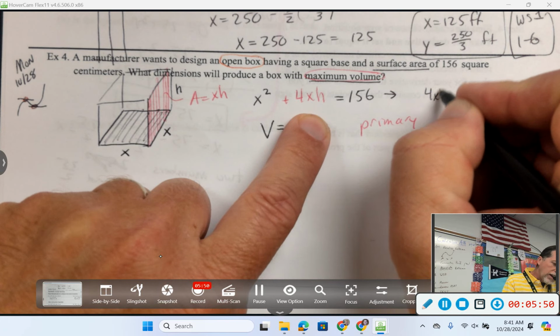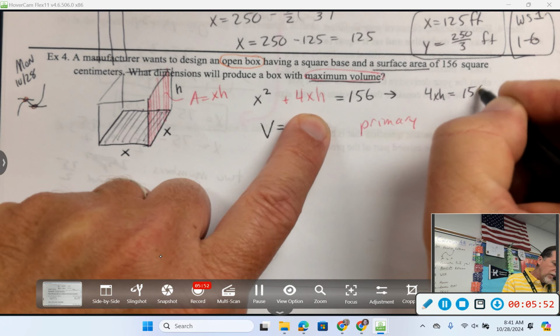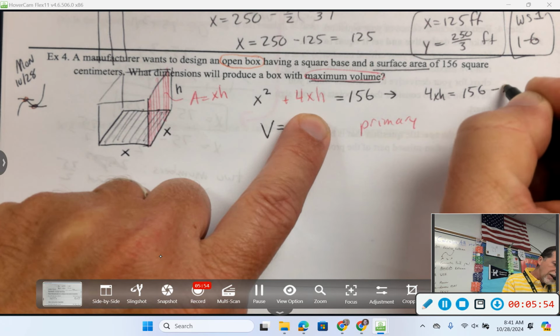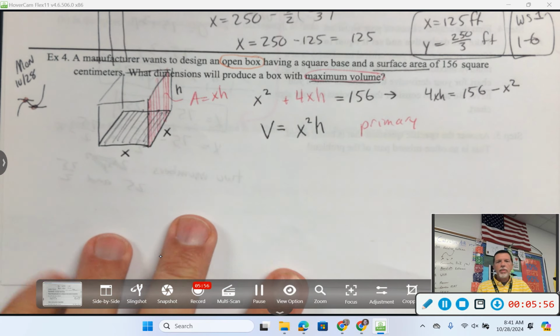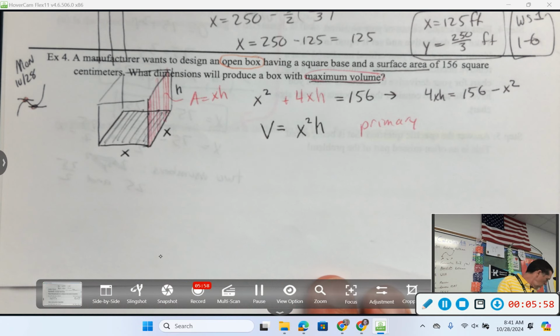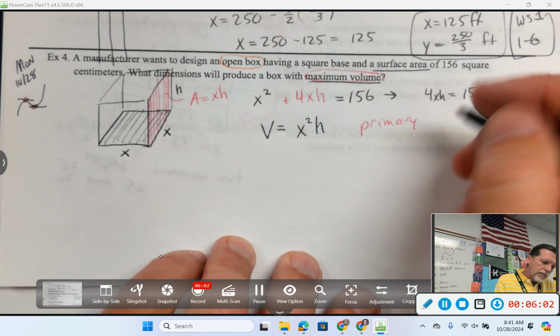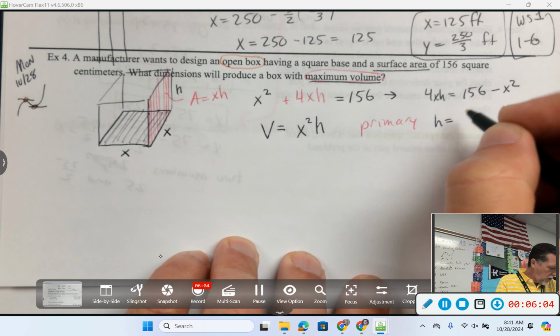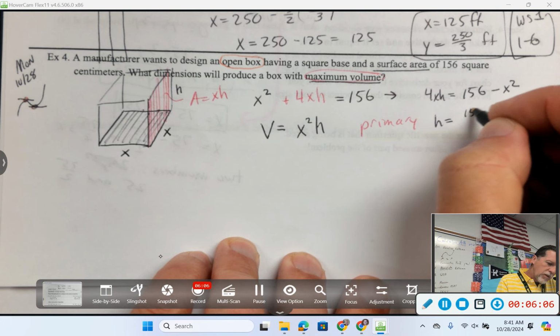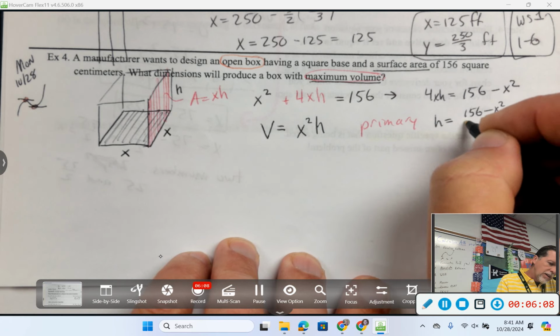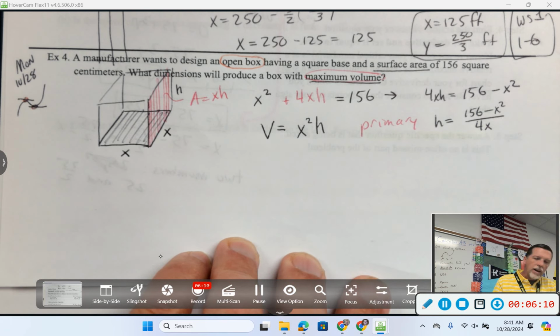So 4xh equals 156 minus x squared, which means we can divide by 4x. H equals 156 minus x squared over 4x.